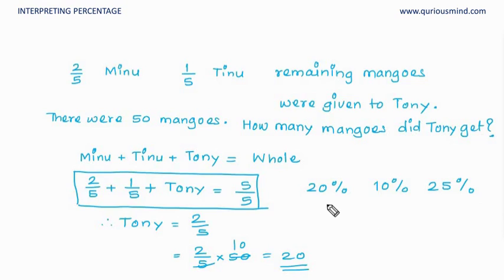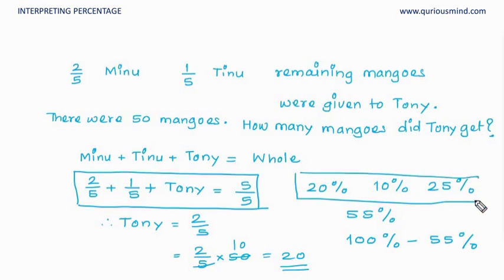In that case, I need to add these percentages, so they become 55%, and to find the remaining I need to subtract it from 100%. So percentages add up to give us 100%. Just like fractions add up to give us the whole, percentages add up to give 100%, which is the whole.